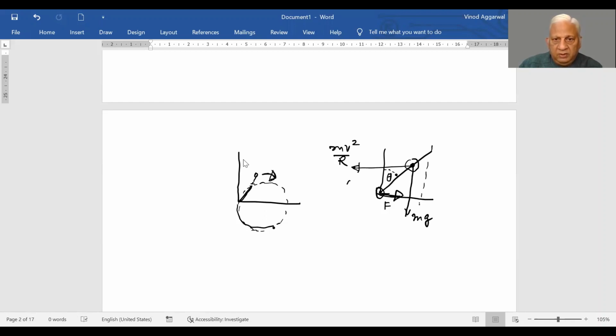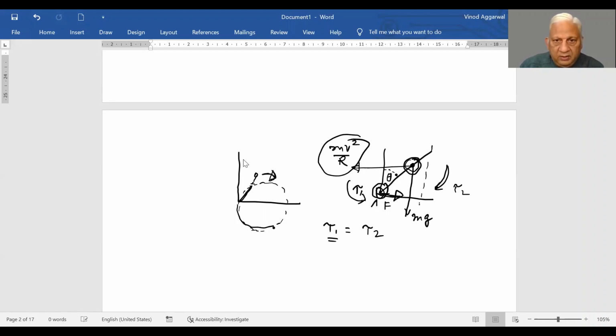This torque will be in this direction, while the weight of the body of the cyclist is going to turn it this way if we take moment across this point. Since the cyclist is in equilibrium, these two torques, tau1 and tau2, will be the same. And what is the torque created by this force?